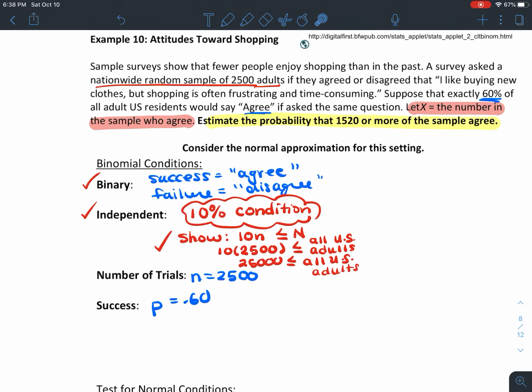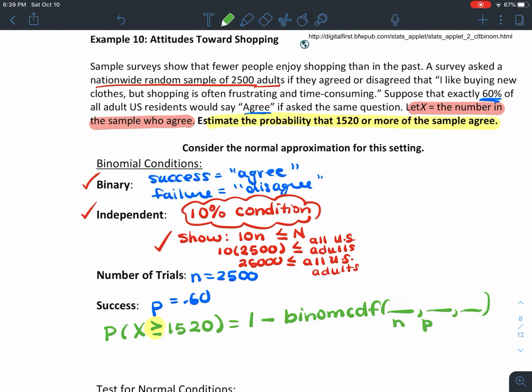We are asked to estimate the probability that in our sample of 2,500 adults, 1,520 of them would agree with the statement. Keep in mind, this is a greater than or equal to. So if I'm going to do a binomial calculation, I need to use the complement and do 1 minus binomcdf.